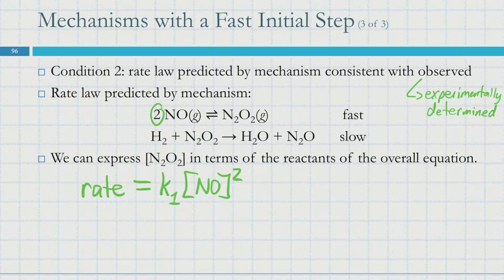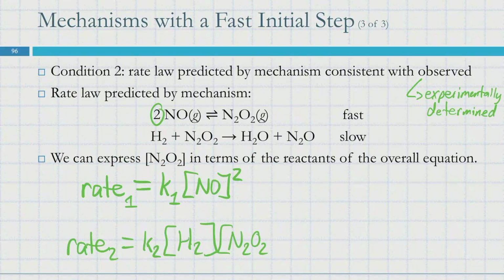We can also do a similar thing for our step 2. We'll go ahead and call it rate 2 just to make sure that it's different. And we'll call our rate constant K2. And then we have concentration of H2 times concentration of N2O2.